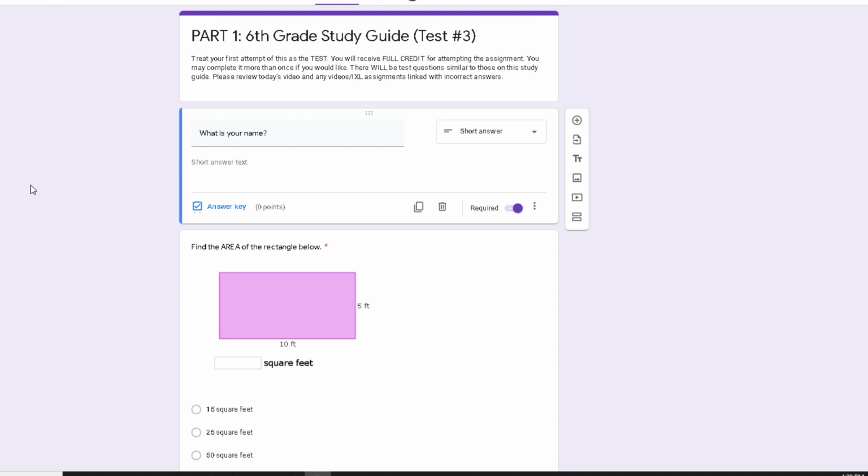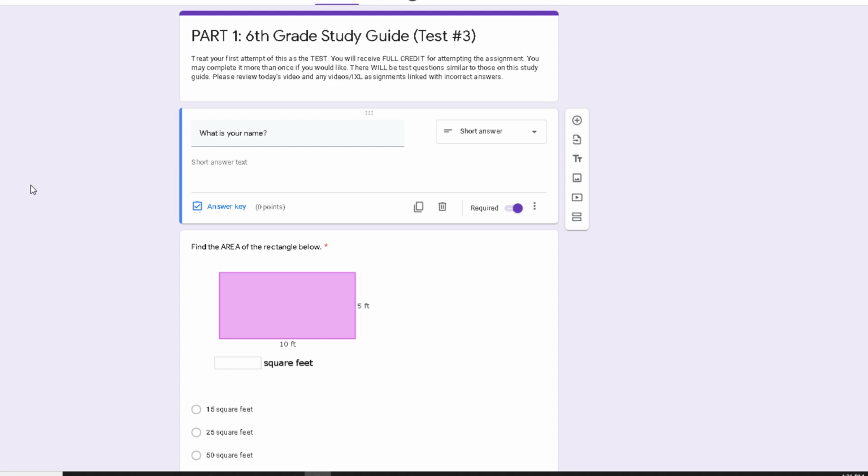Okay. So, anyways, let's talk about the test a little bit. I will tell you more about it tomorrow, on Thursday. But the test will be about the same length as one of these study guides. Probably about 20 questions.